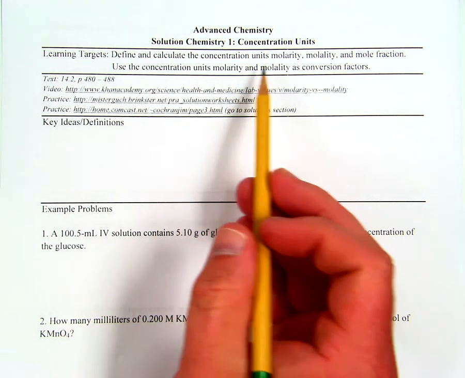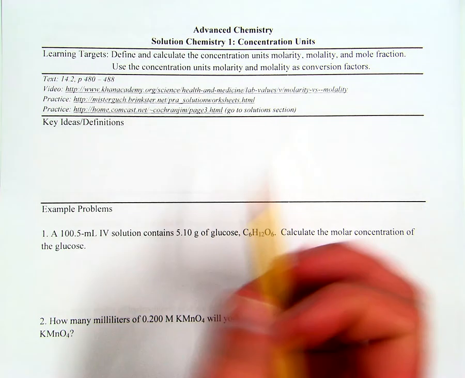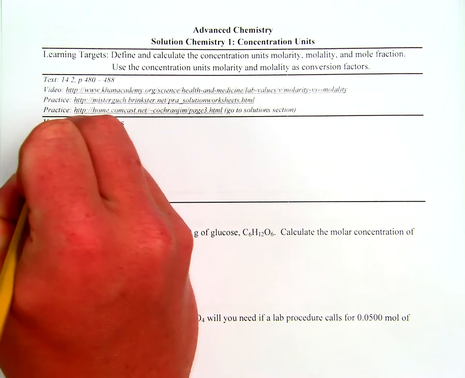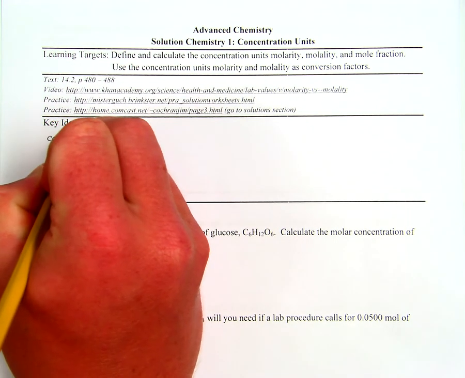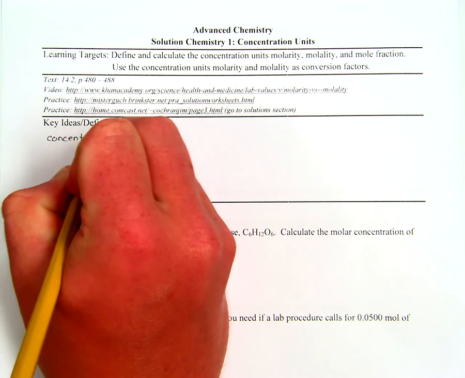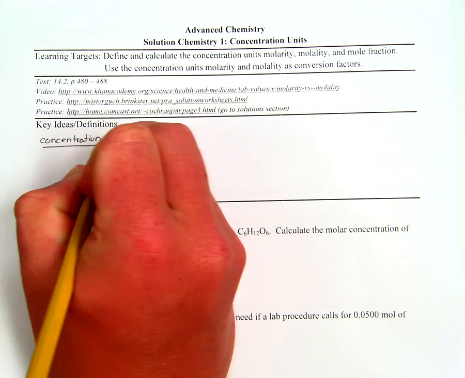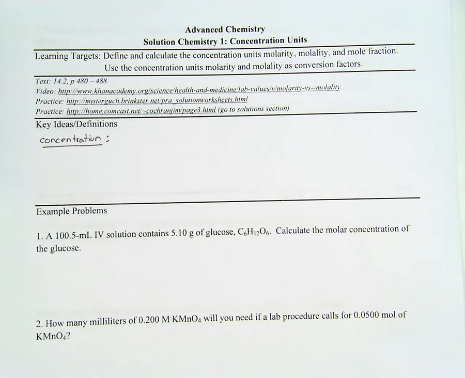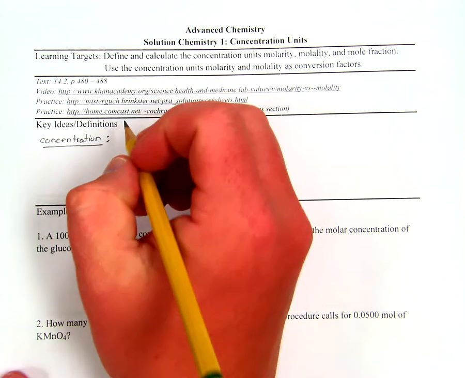First of all, just want to ask the question, what is a concentration? We're going to give a definition here for that. Concentration. Whenever we talk about the concentration of a solution, very generally we are referring to how much of a solute there would be in that solution.